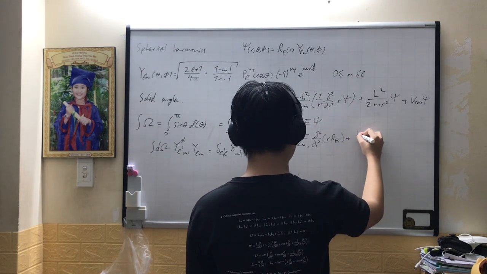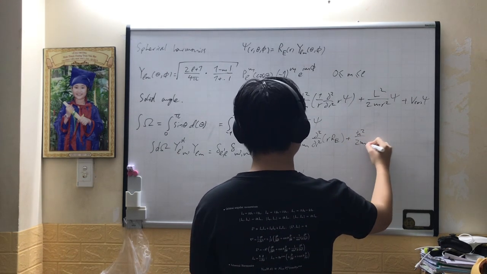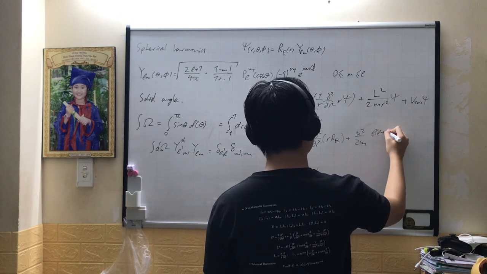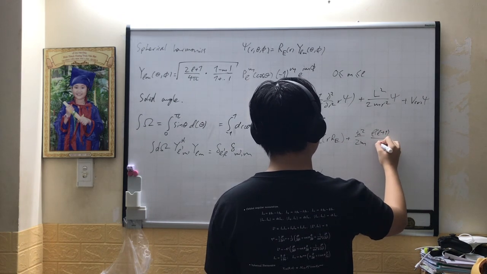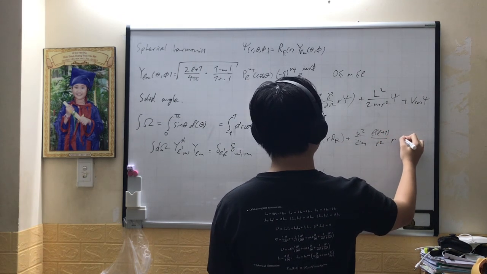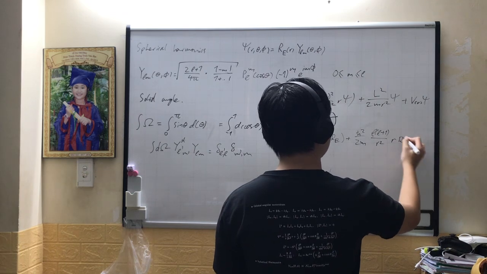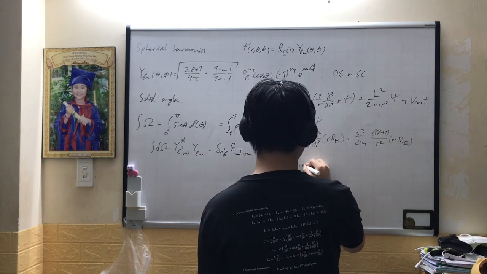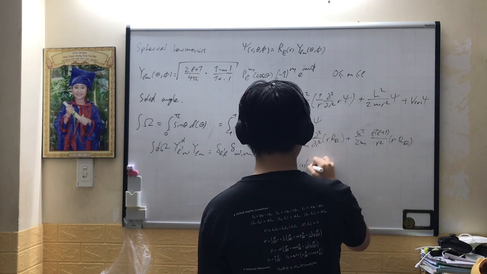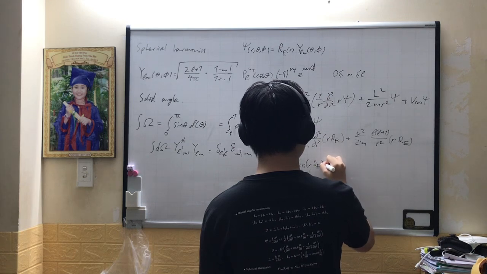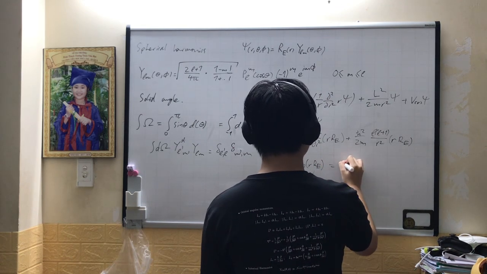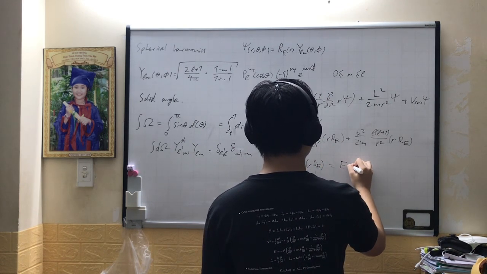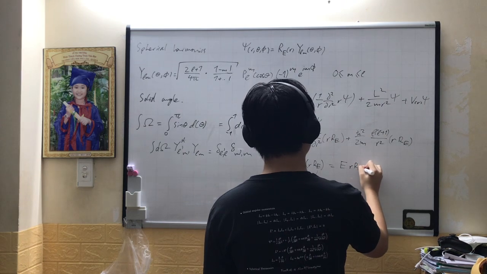So we're going to take h bar squared over 2m, l(l plus 1) over r squared, R, plus V of r R, equals E r R.